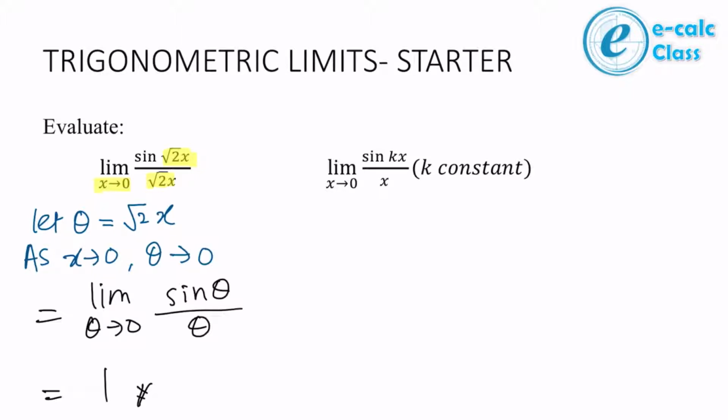Yeah, so this is the one that I want to talk about, which is if they are not the same, what happened? So in this case, we have sine kx over x, where k is a constant. So before you let theta equal something, you need to make the angle and the denominator the same. To do that, you know that you have to multiply by a k here, right?